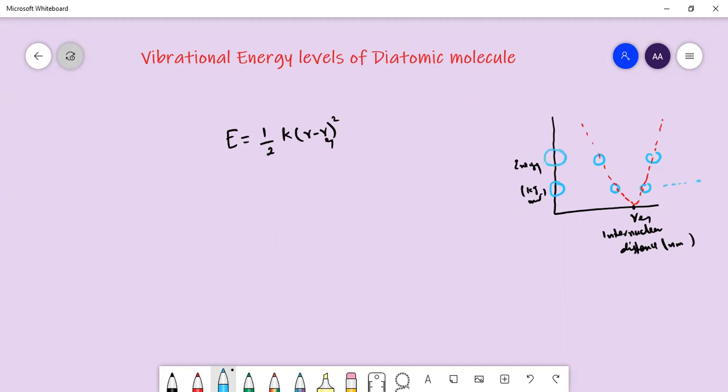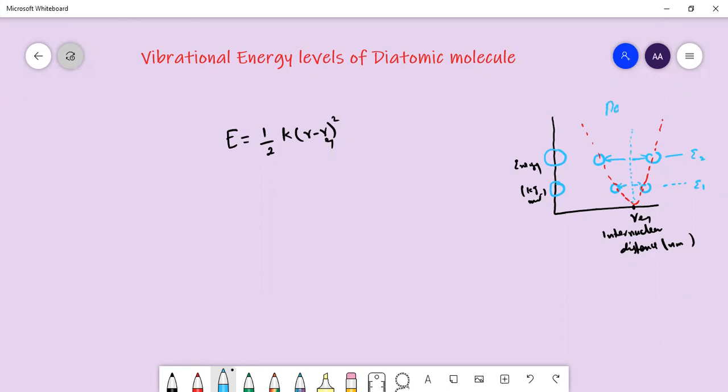For example, if we take this as energy level 1 and energy level 2, this is our equilibrium bond length, the bond length of the actual molecule. By either compressing or elongating the bond length, the overall energy of that diatomic molecule changes.